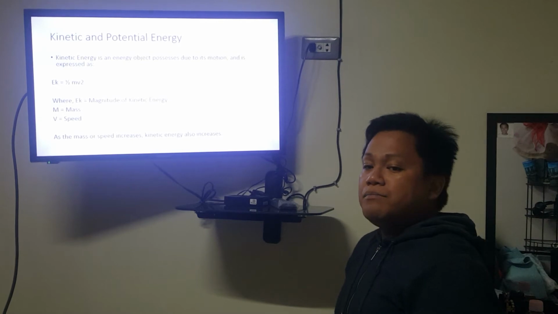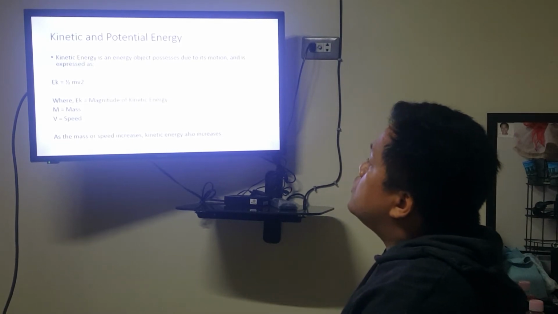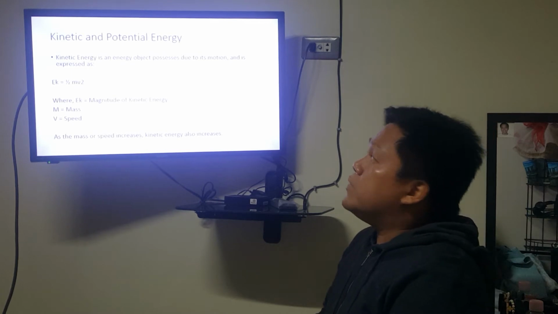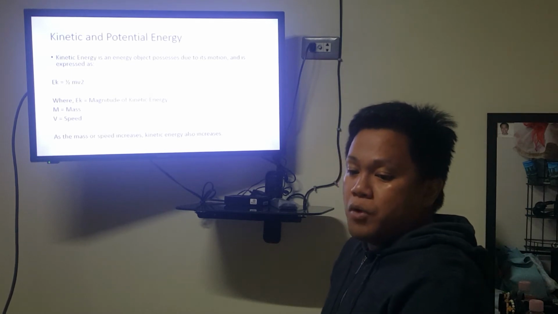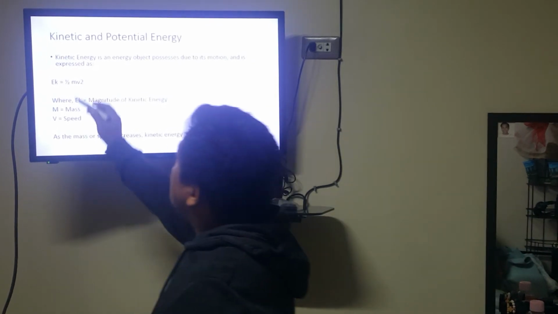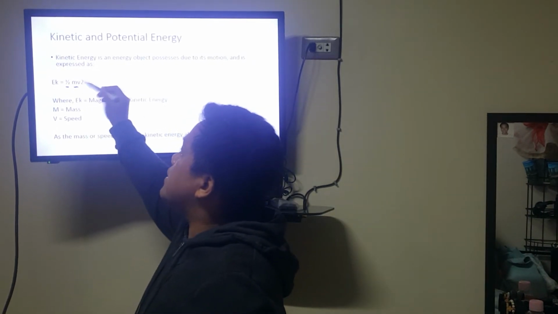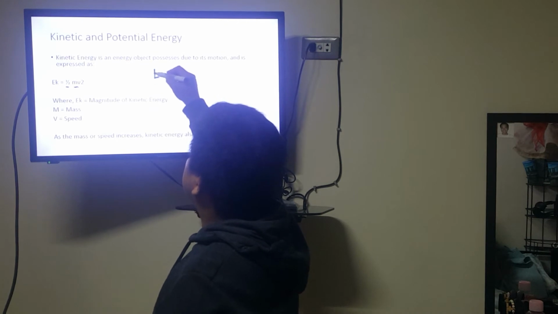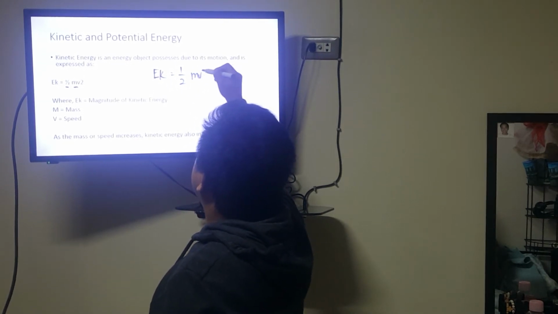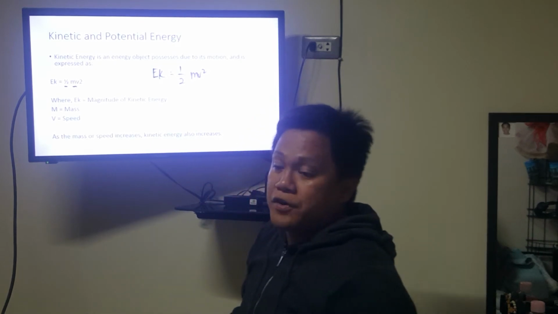Kinetic and potential energy. Kinetic energy is the energy an object possesses due to its motion, and it is expressed as KE equals 1/2 mv squared. It is written this way because I can't type it properly on the computer. mv squared, that is the correct formula.